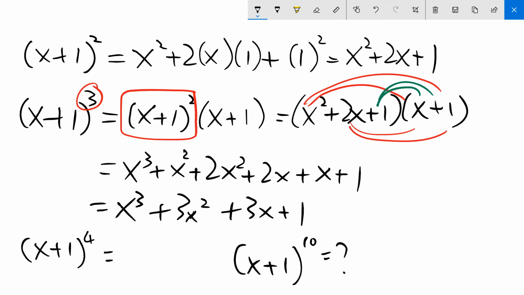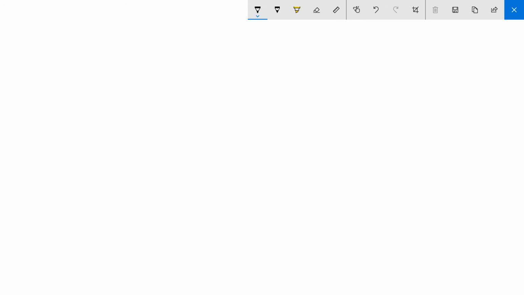That means we have to maybe expand x plus 1 to power 9 first, and again x plus 1 to power 8 first. So many steps to do. Is there any systematic way to find the final result for any power? Actually, yes. And that's the purpose of the binomial theorem.